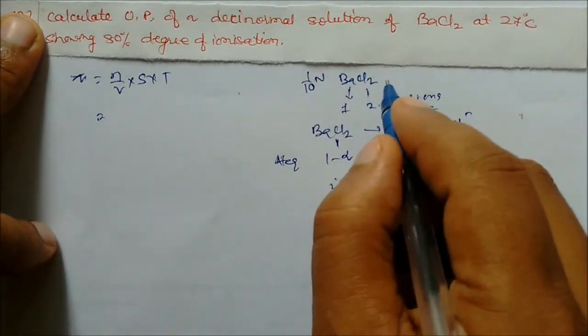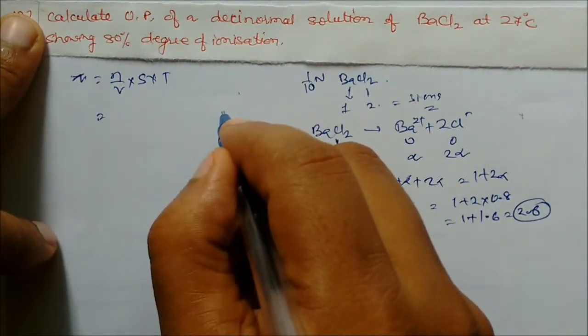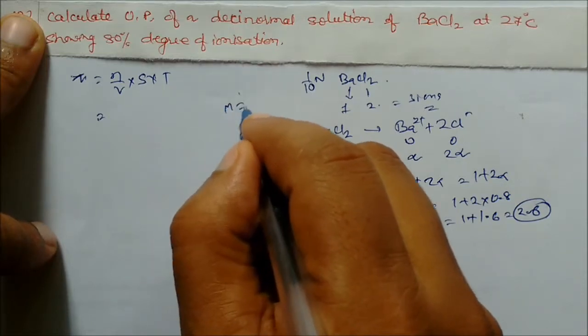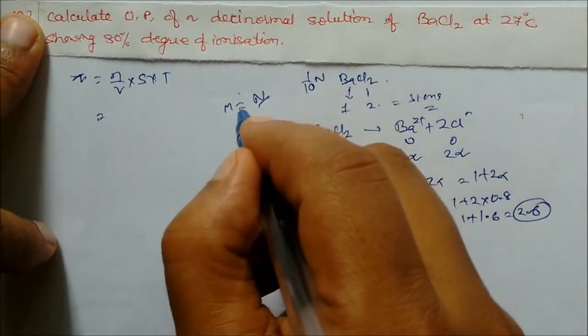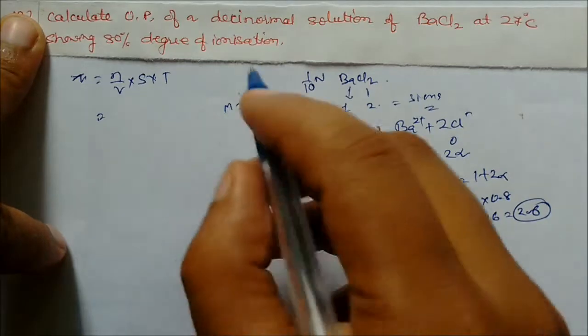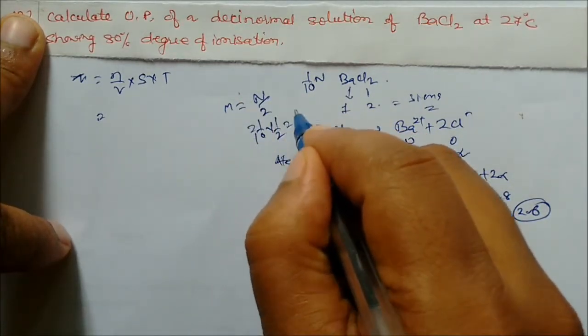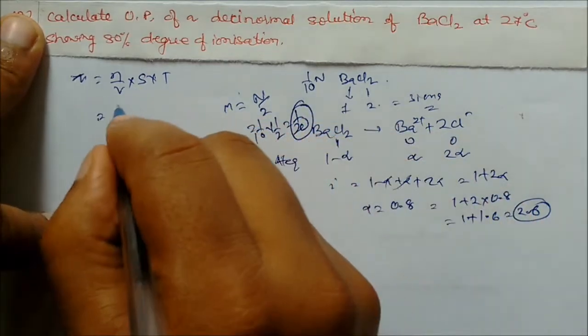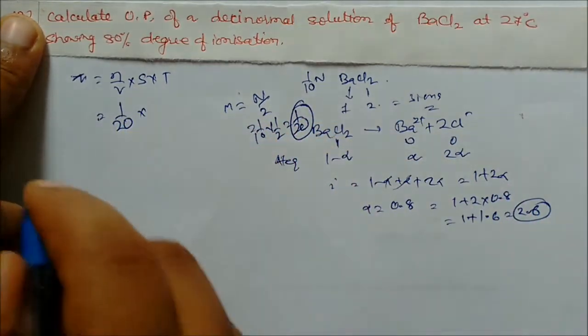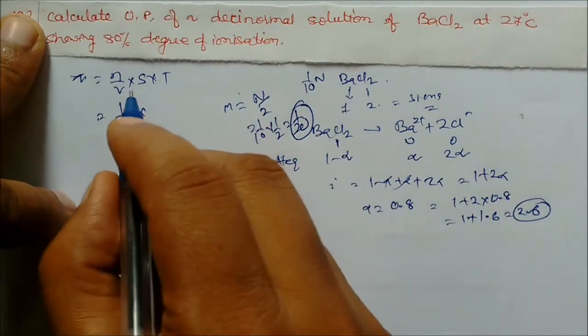The n factor is 2. We know that molarity is equal to normality by 2. So normality is 1 by 10, and molarity is 1 by 20.